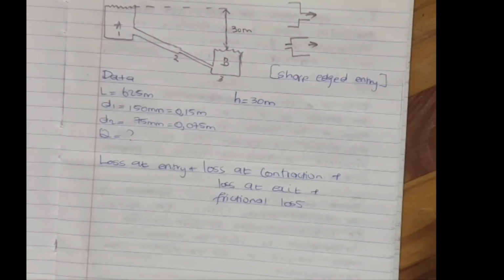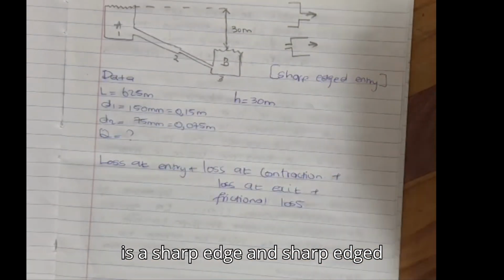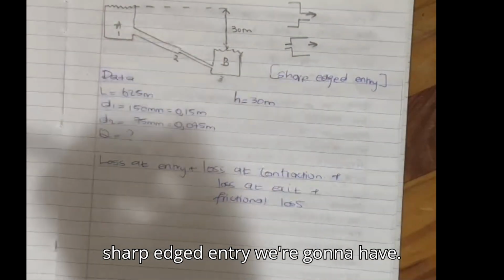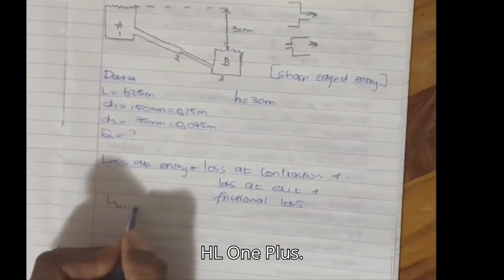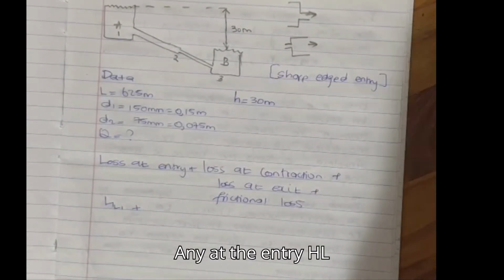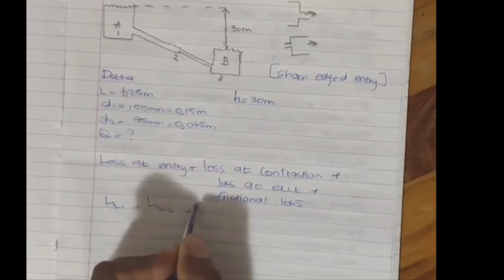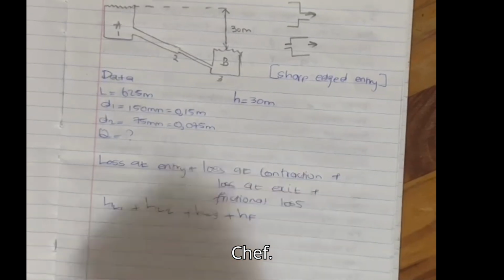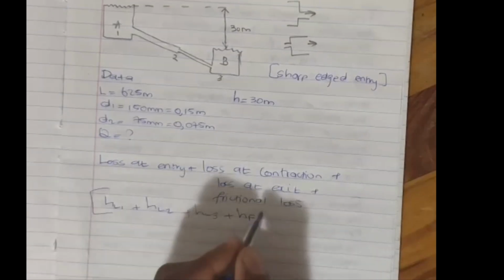They say that this is a sharp-edged entry. So if there is a sharp-edged entry, we're going to have HL1 at the entry, plus HL2 at the contraction, plus HL3 at the exit, plus HF. This is how you're going to go about it.